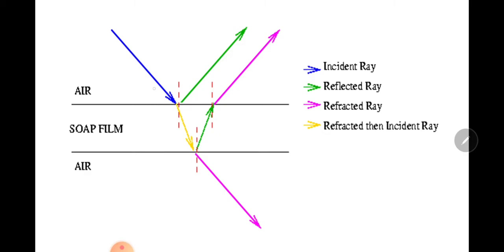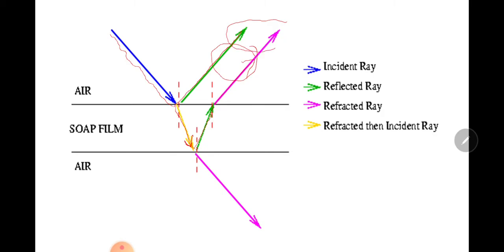Now if you can see, this is the bluish incident ray. Some of it is reflected from the top layer of the oil, and some is refracted.